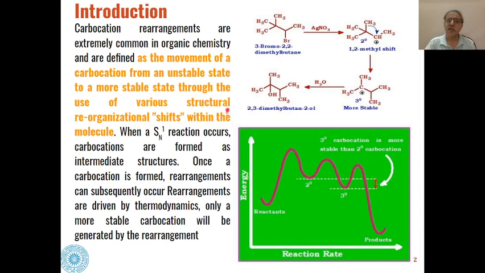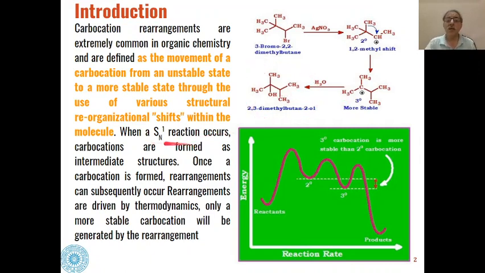So this is an intramolecular shift which takes place in the molecule, wherein what we get first is a carbocation, and that carbocation changes from a less stable state to a more stable state by this type of alkyl or aryl or hydride shift, and then ultimately we get a product.